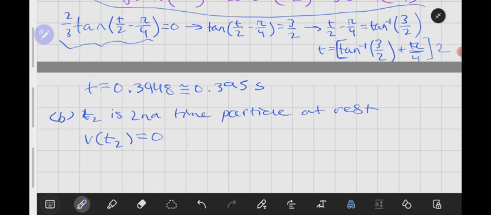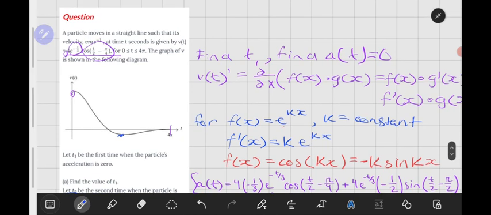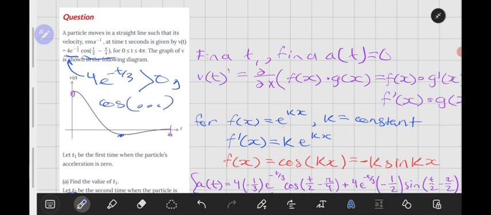And now, if you remember our equation, which I will rewrite, we have our base e term and our cos term. Since we're evaluating for the zeros, and our base e term, e to the negative t over 3, will always be greater than 0, the only thing we have to evaluate is our cos term.